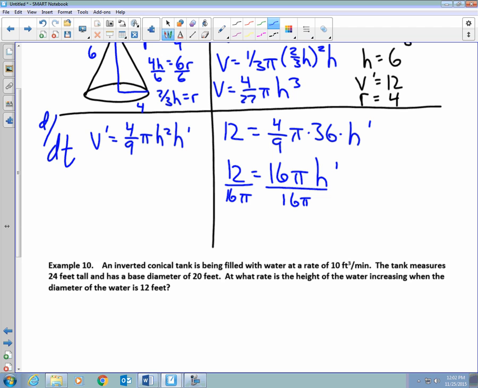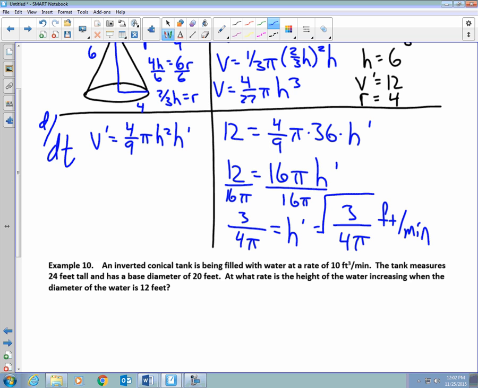And 12 over 16 is 3 over 4. So 3 over 4 pi equal to h prime. Feet per minute? Super duper. Nice work. Don't you feel better knowing the answer to that problem now?